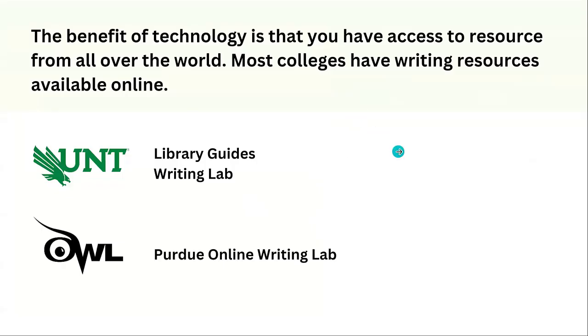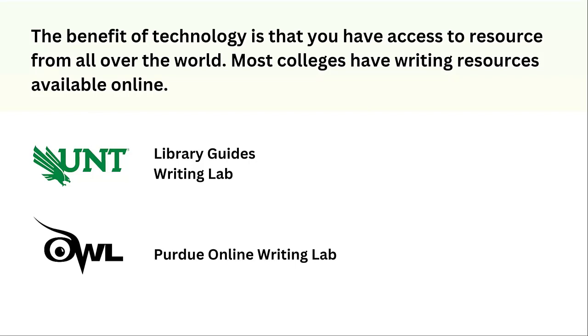Another thing that I think is great to bring up is the coolest thing that I think about technology is that you have access to resources from all over the world. And so most colleges have writing resources available online. So for UNT specifically, there are several library guides that are geared towards writing.